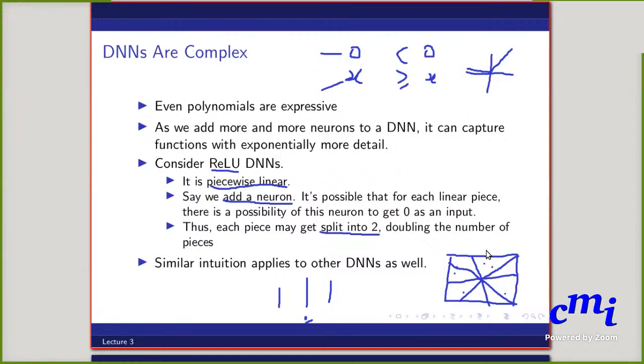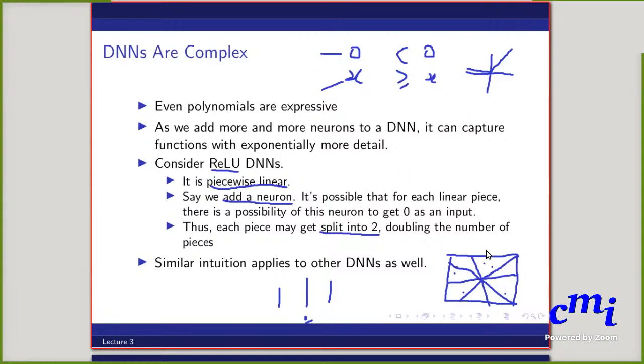And so if I have a neural network with n neurons, it can represent a function which has 2 to the power n linear pieces, right? Which means that if I want to represent a very complicated function, which might need 2 to the power n linear pieces to represent or approximate efficiently, I would only need n neurons to do it, right?